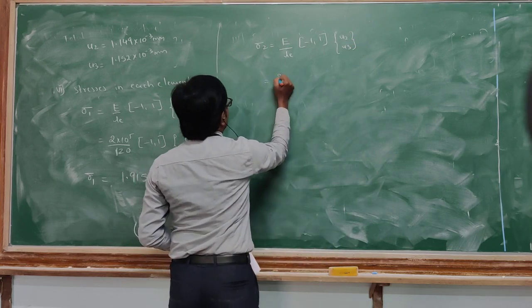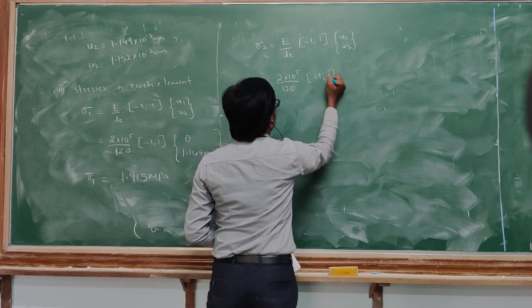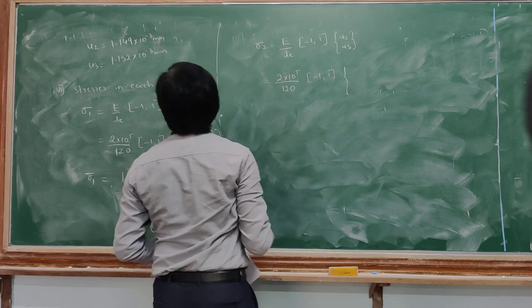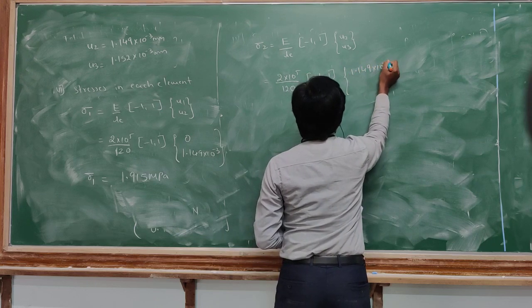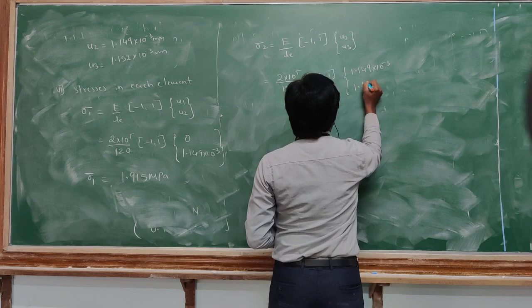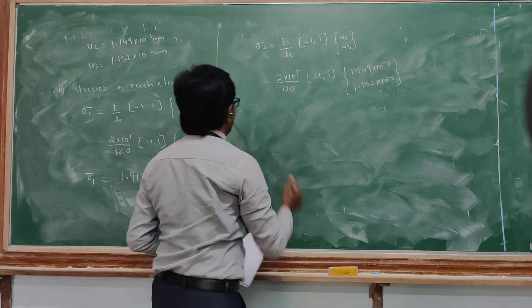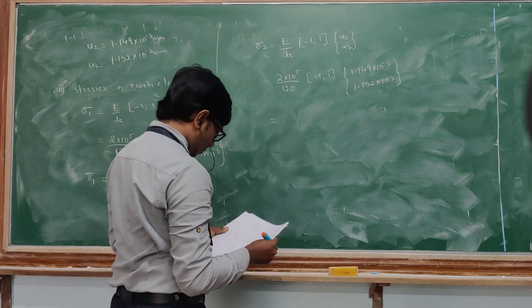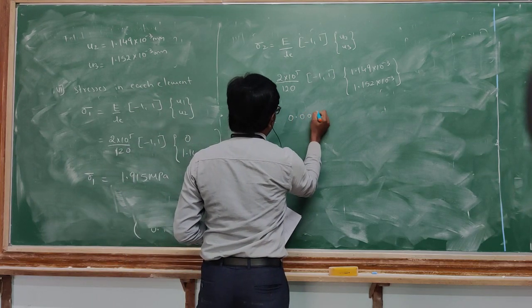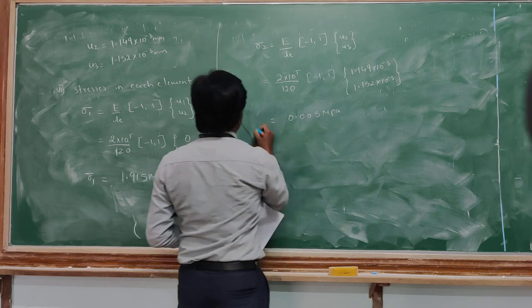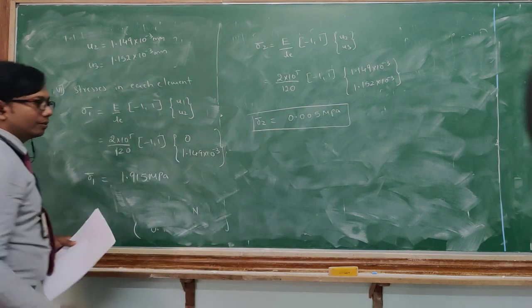Here it is 2 into 10 to the power 5 divided by 120, with u2 as 1.149 into 10 to the power minus 3 and u3 as 1.152 into 10 to the power minus 3. When you solve this, you will get the stress value as 0.005 megapascal. So this will be the value of sigma 2.